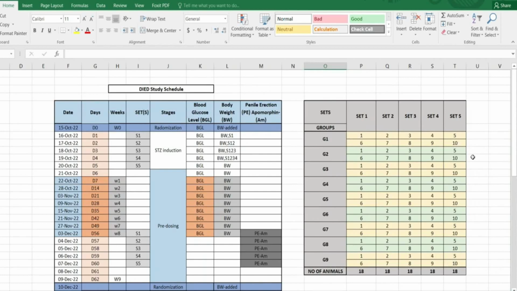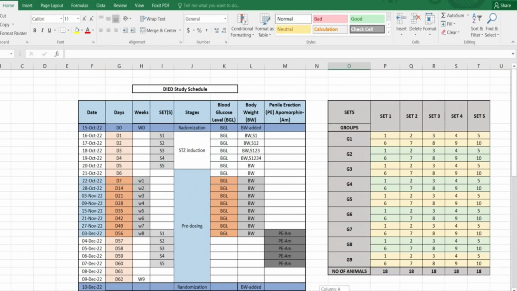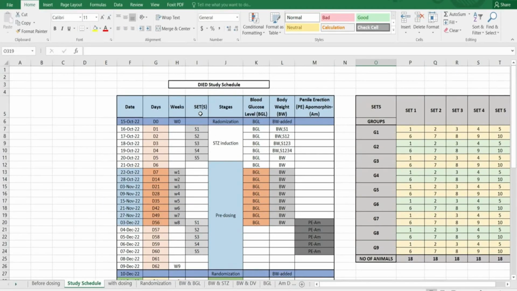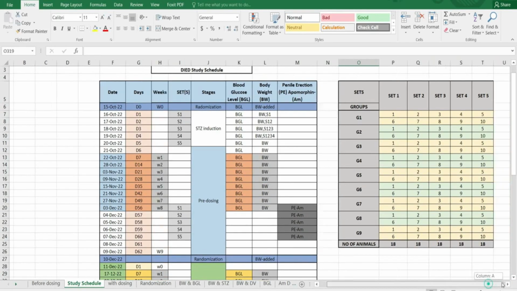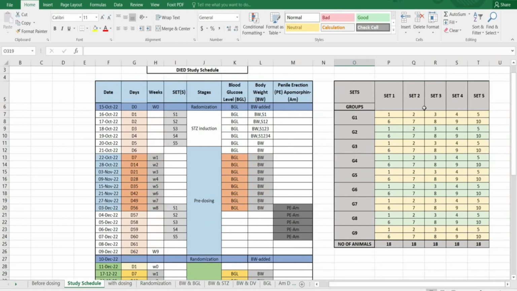We have to keep that in mind because it is necessary, otherwise you will induce all animals on the same day. On day 1 you have to work for set 1 only. There is no need to touch any other set that day. Here you can see we have 90 animals, and each set has 18 animals. On day 1 we will induce 18 animals only.